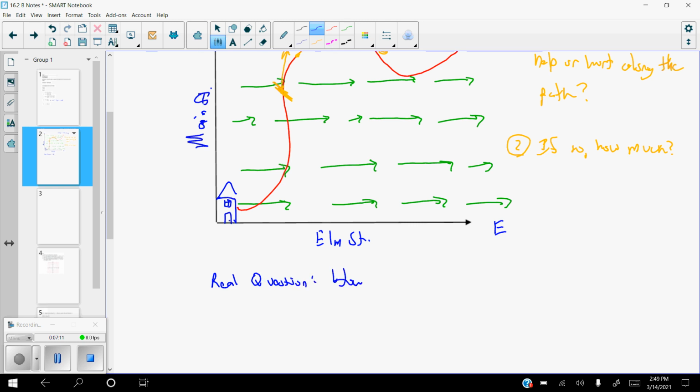How much work does the vector field do to aid you to the end of the curve?